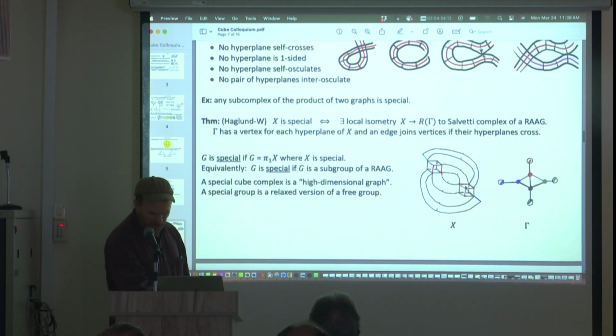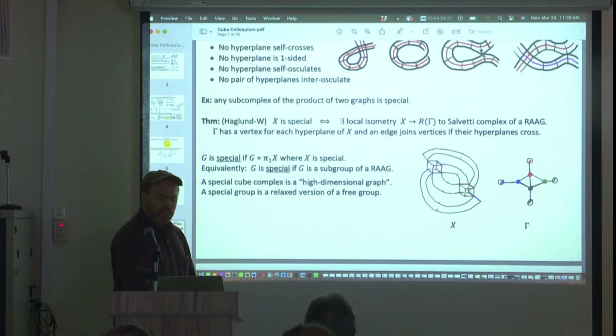What is this a picture of? Here, just to reassure you a little bit, is a special cube complex. It has two 3-cubes and 4 extra 2-cubes. And this is the associated right-angled Artin group; this cube complex maps to its Salvetti complex by a local isometry.